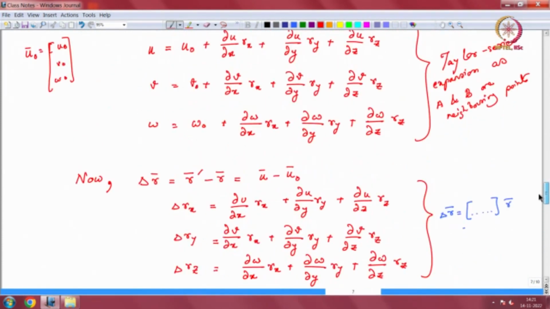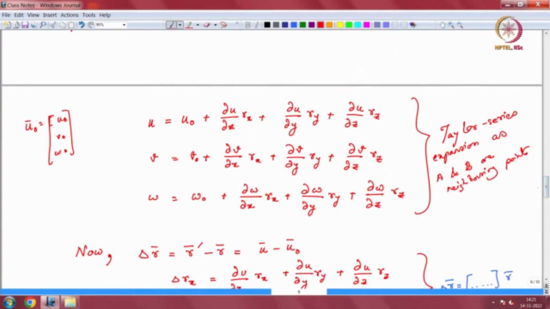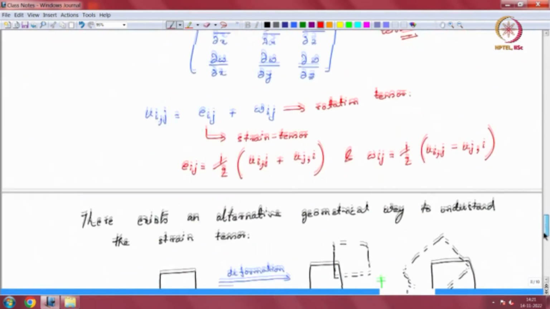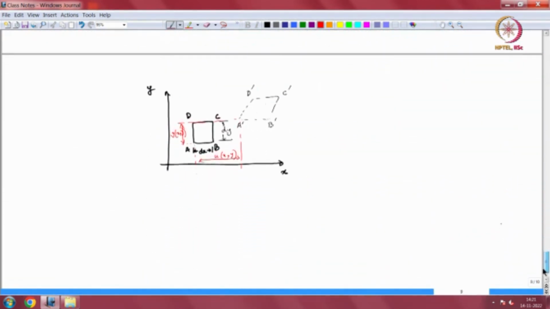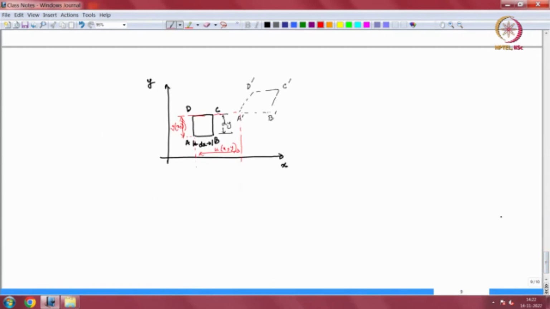Now, this we will do just like we did before in the previous example. If I go back to this example, we had talked about the displacement of one point which is neighboring another point, and the other point is undergoing a displacement of u naught. So, in that case my displacement of B dash is related to the displacement of A simply through a Taylor series expansion, right.